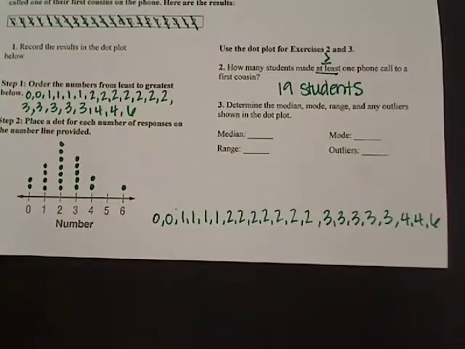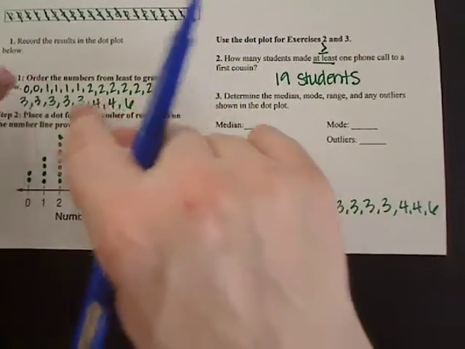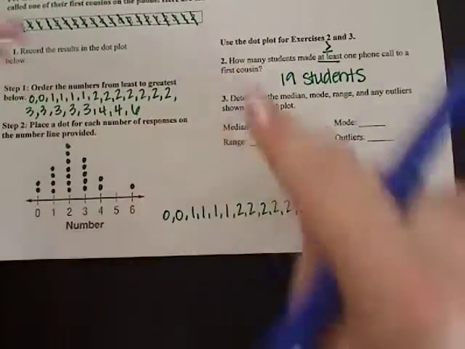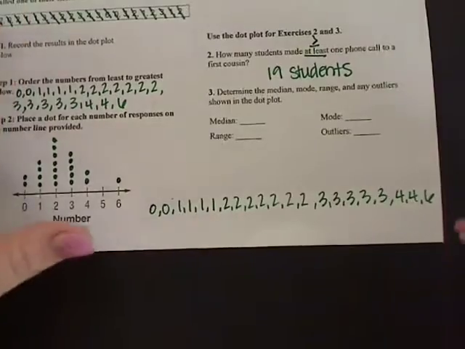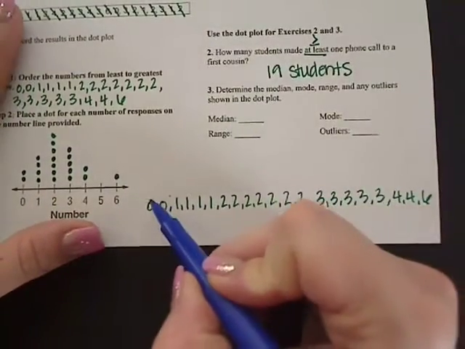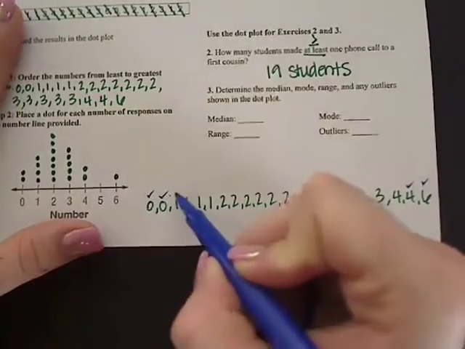Okay, so now I have it all in order. I just like to do that. It's easier for me to find the median. When you start getting 2 lines, you kind of start going, oh, when I get here, where am I? And all in one line just makes your life easier and more organized. So the median's the middle. So beginning, end, beginning, end.